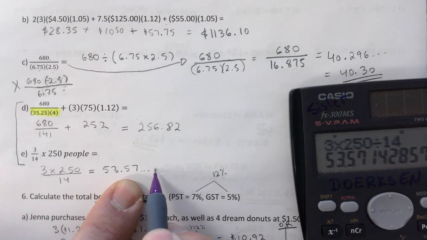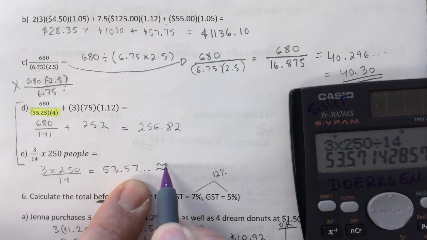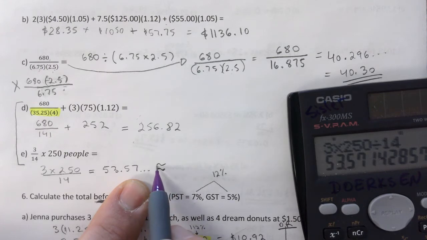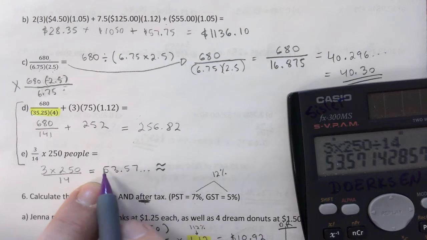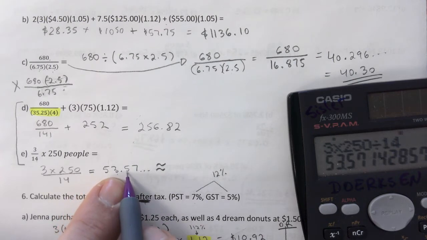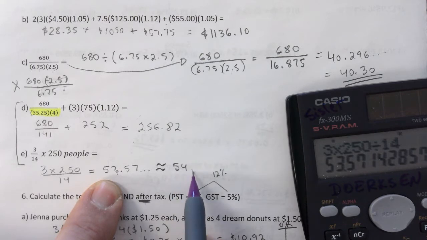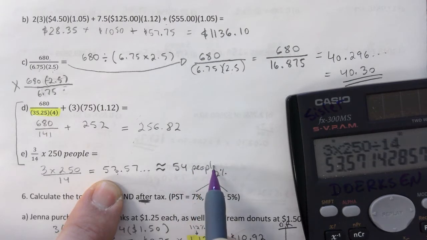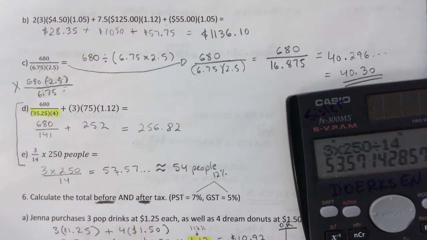So I go dot dot dot because it just continues, and then I do one last squiggly line, which is approximately, and so you round to the nearest whole number. 53.5, right? This 5 bumps that to a 4. 54 people. And if you don't want to lose marks, you better always have units if there are any units involved. Okay.